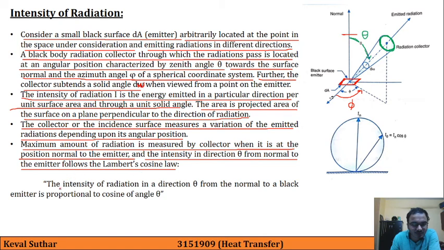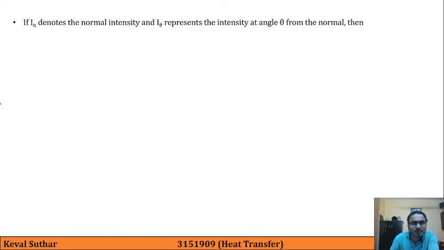So here the cosine law by Lambert is that the intensity of radiation in a direction theta from the normal to a black emitter is proportional to the cosine of angle theta. That is, if In denotes the normal intensity and I theta represents the intensity at angle theta from the normal, then I theta is equal to In cos theta.